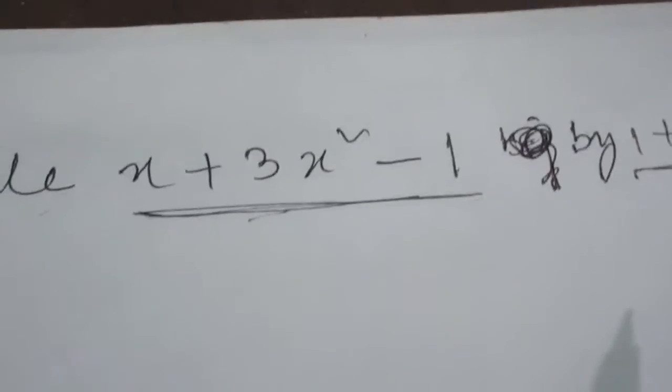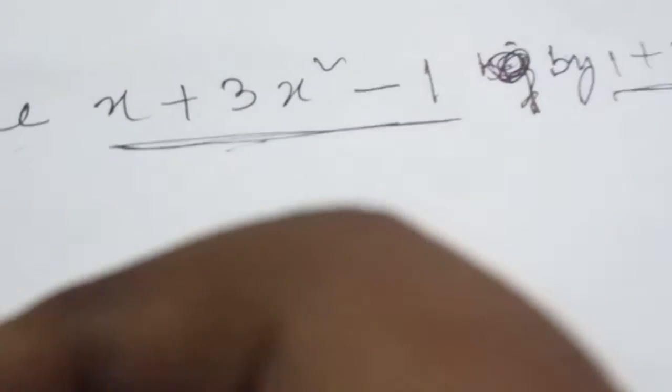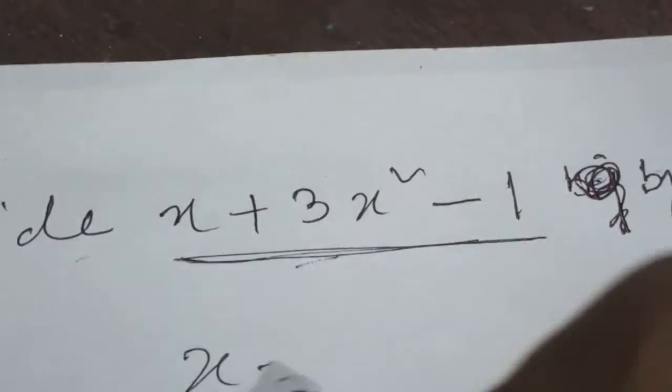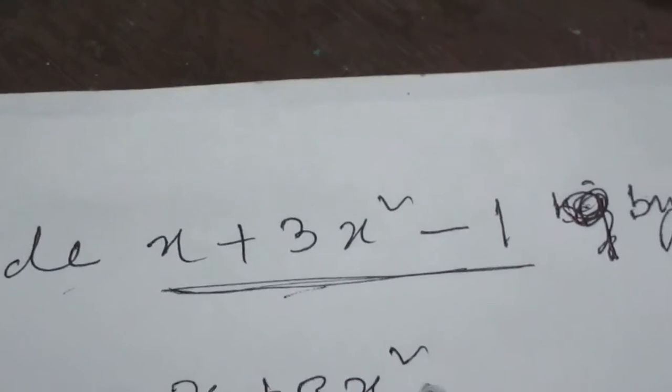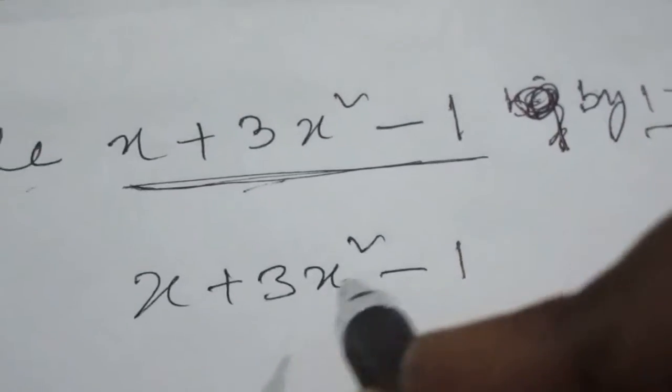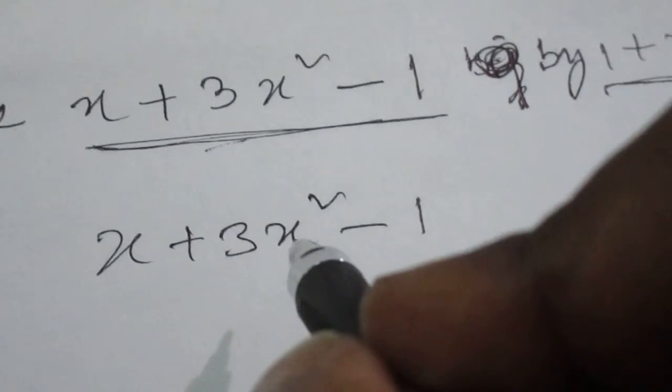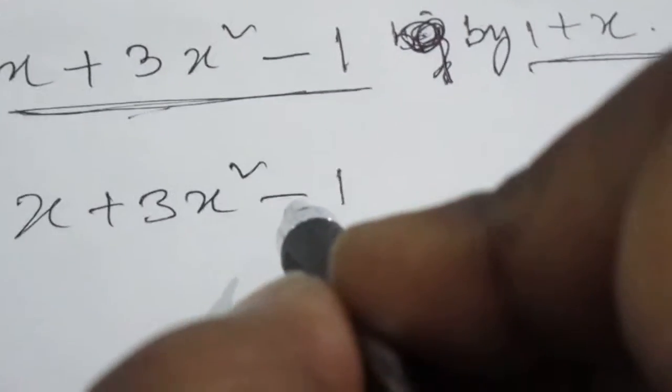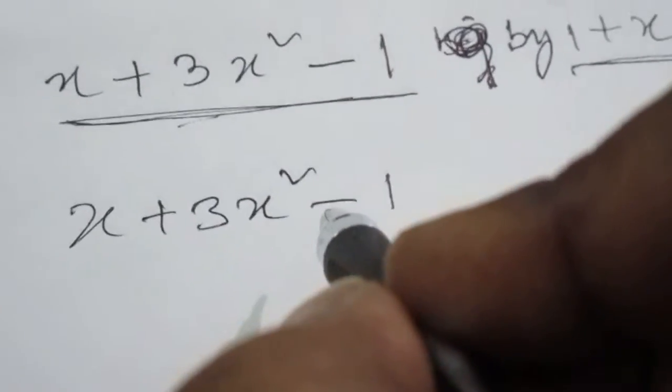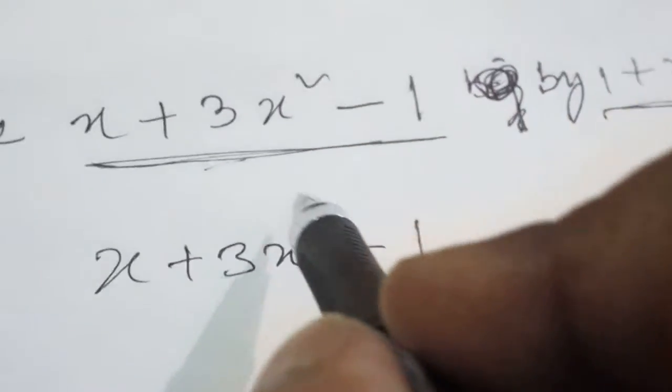For doing the division, first we have to arrange the polynomials. See here, what is the polynomial given to us? x plus 3x square minus 1. So what is the degree of the polynomial? The degree of the polynomial is 2, because the highest power is 2.